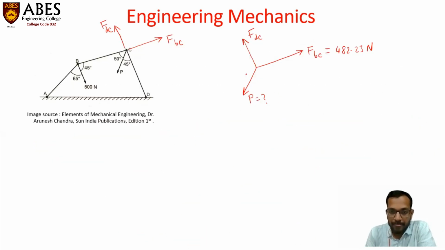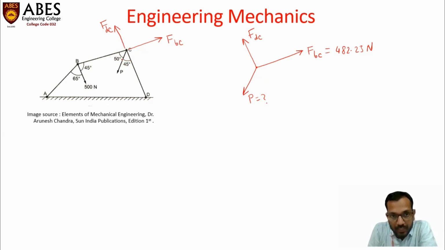Now it is once again the condition of static equilibrium for three forces. So once again, we can apply Lami's theorem for simplicity. But before application of Lami's theorem, let's calculate the intermediate angles between these three forces. We can observe that this angle is 50 and this is 45, given in the diagram.